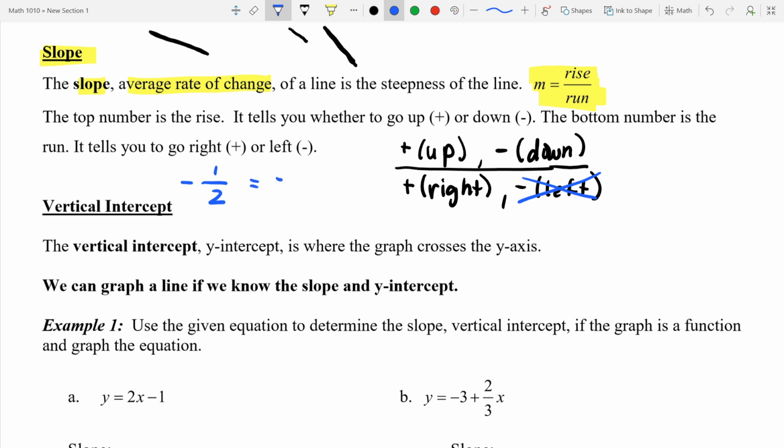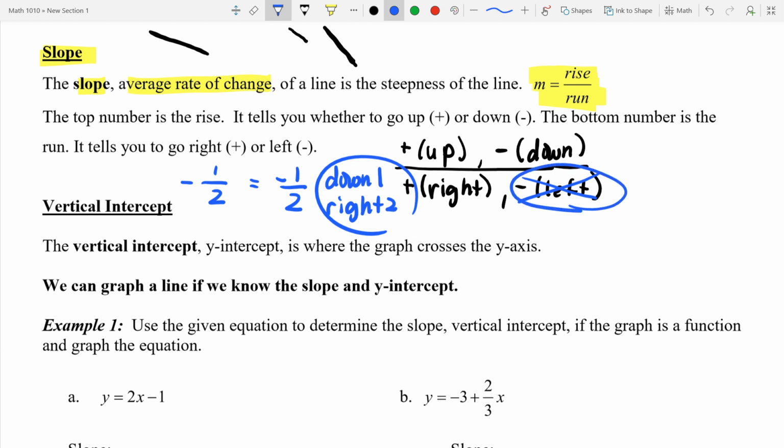So that would be a -1/2. So the -1 tells me to go down 1, and the 2 is a positive, so it tells me to go right 2. So if I have a negative, I always push it to the top, therefore I never go left. I always go right, because my bottom number will always be positive. Who says I gotcha? Let me see, raise your hand.